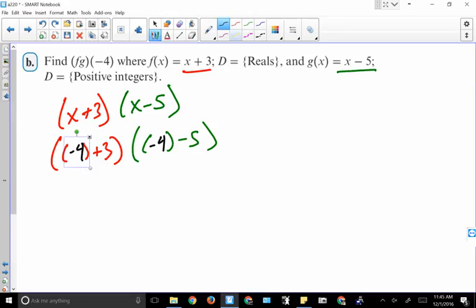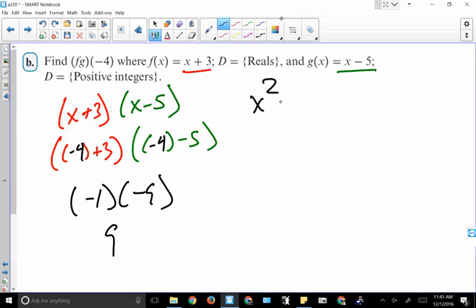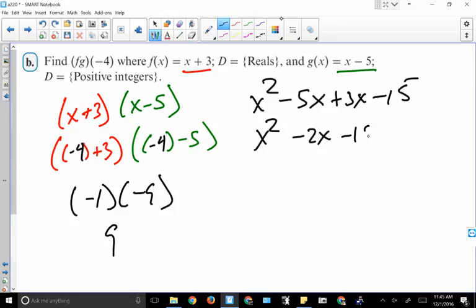So let's see, this turns out to be -1. That turns out to be -9, so the answer is 9. Now, could I have gone through the FOIL, worked it all out? X squared, let's see, minus 5x plus 3x minus 15. X squared minus 2x minus 15.